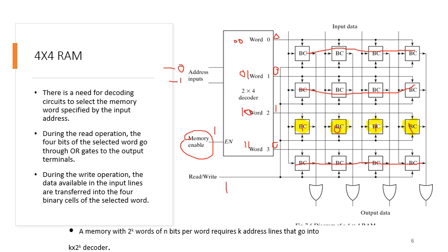Since this word line is selected, these 4 basic cells are active here. So whatever has been stored here is placed here, and we've got 1 0 1 1 at the output. So we have performed the read operation here. Now let us assume that we've set this line to 0. Then what would happen?